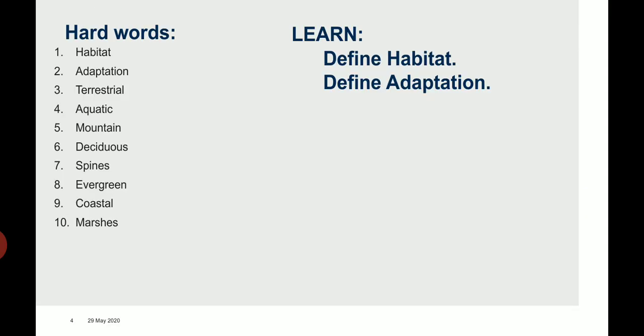Now, today you are going to write lesson 2 hard words. You have to frame it. Write lesson 2 plants adaptations. Number 1, hard words.